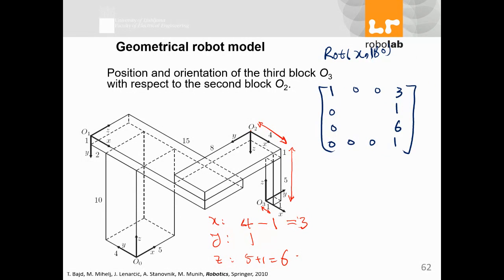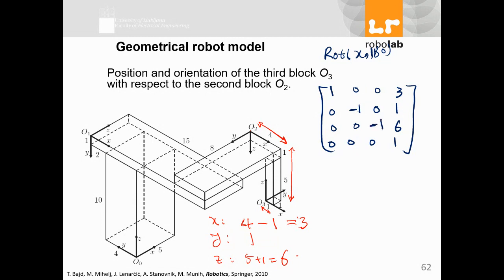So cosine of 180. How much is it? Negative 1, right? Cosine of 180 is negative 1. Sine of 180 is 0. Sine is 0, cosine is negative 1.